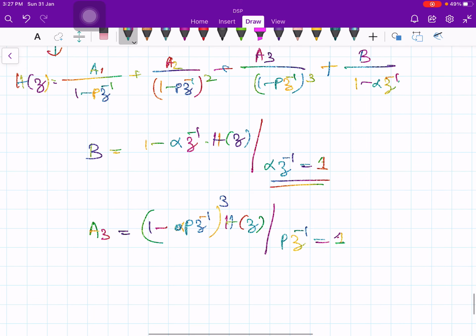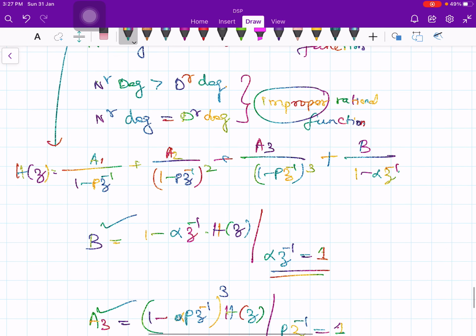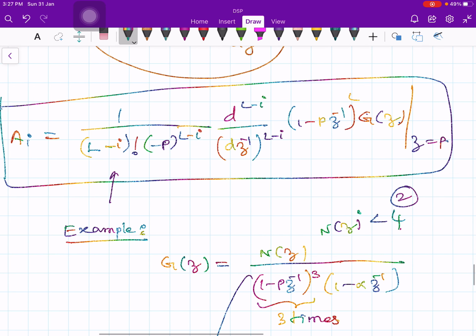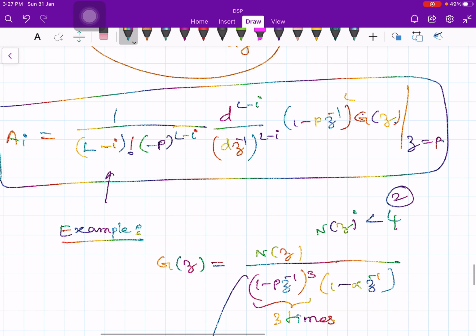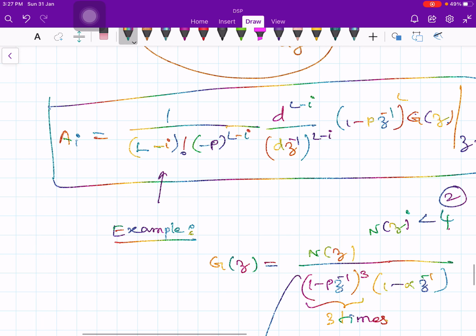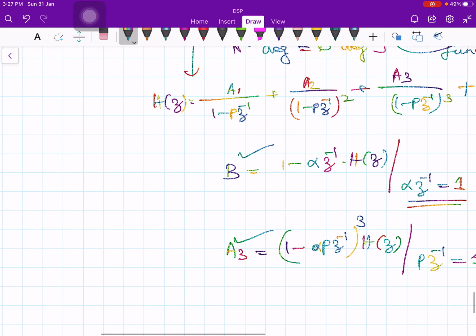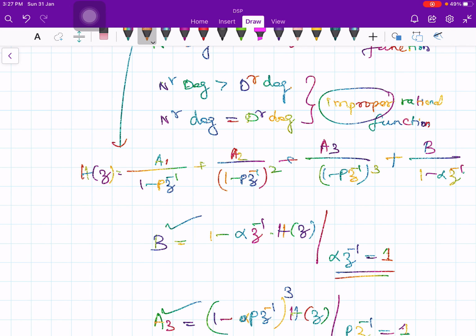All that you have to do now is to find out what is a1 and what is a2. Obviously, if you want to apply the formula, then you have to differentiate twice to find a2 and differentiate once to find a1. So to find a2, 2 times you have to differentiate. To find a1, 1 time you have to differentiate and then substitute through this lengthy big formula.